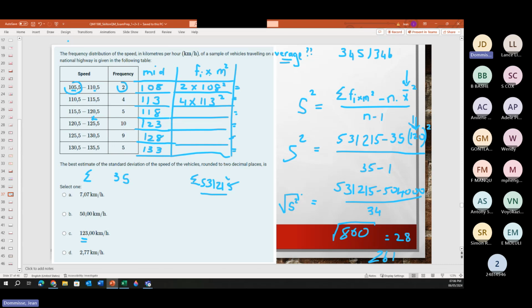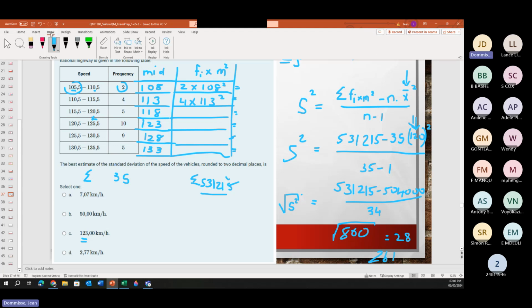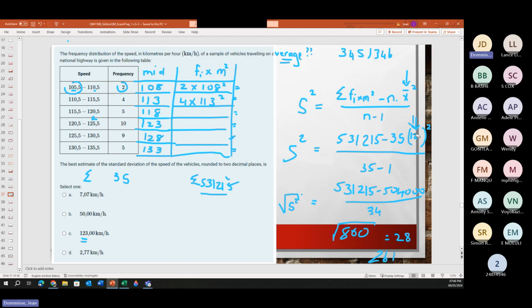So the rest does take a lot of time to work out. That is why something like this will most likely not be in your exam, but what they might give you is this total.